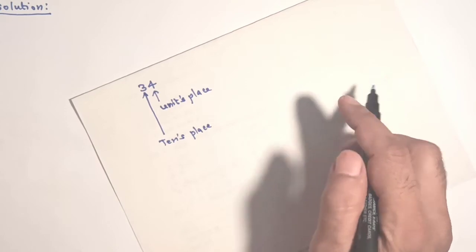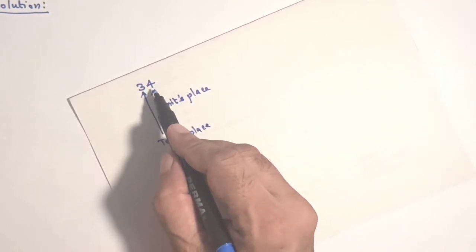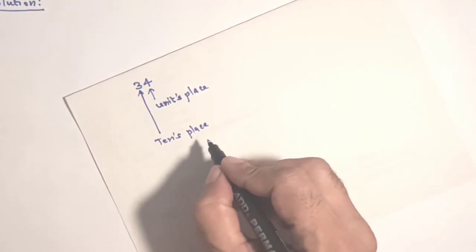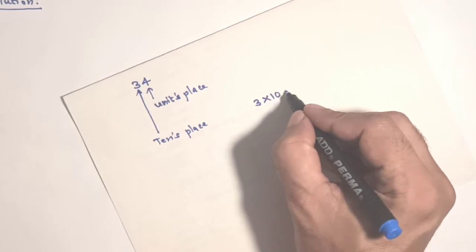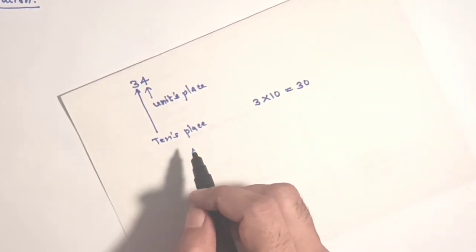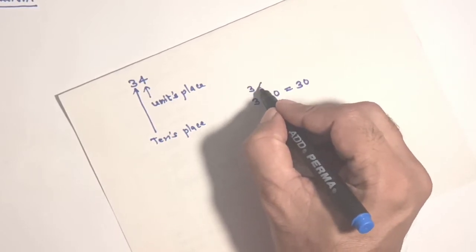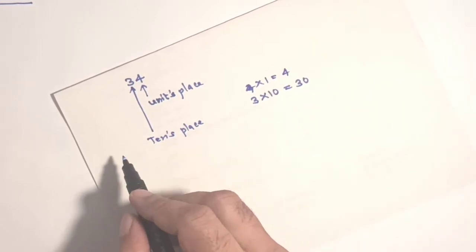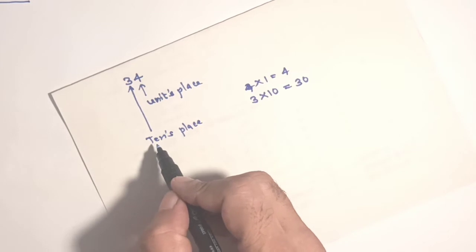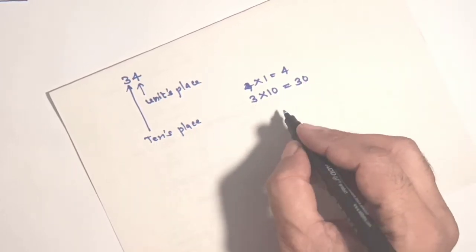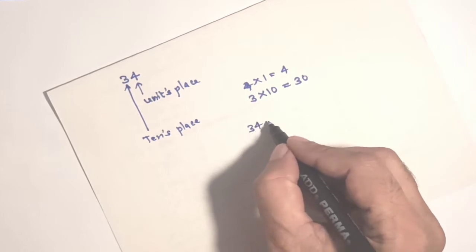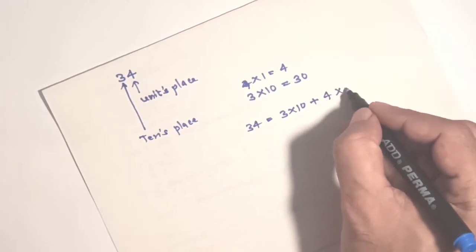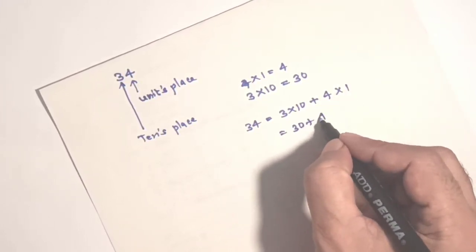My dear students, the place value of 4 is 4 into 1, which is 4, whereas the place value of 3 is 3 into 10, which is 30. And your number is 34, which is 3 into 10 plus 4 into 1, that is 30 plus 4.